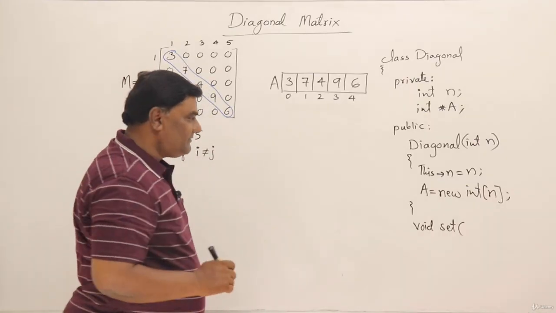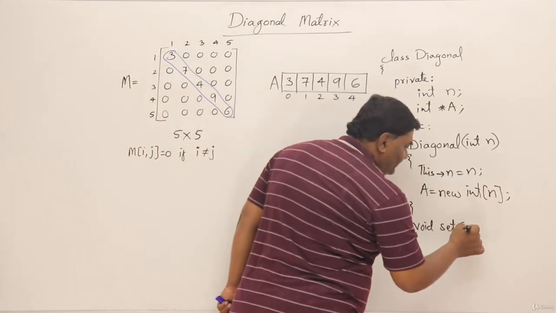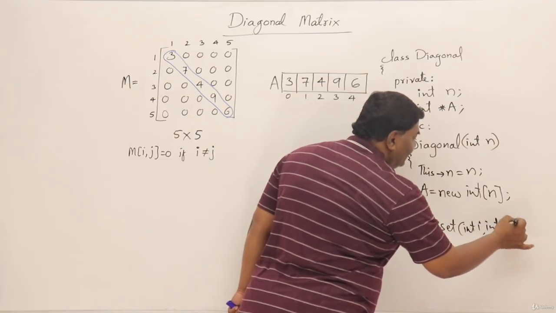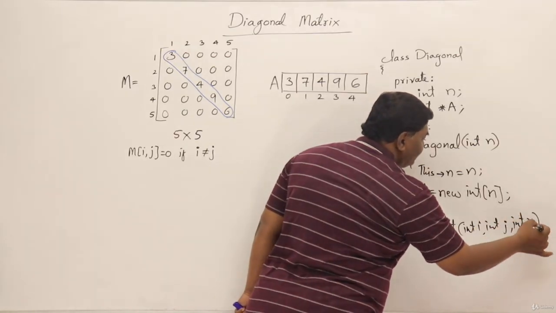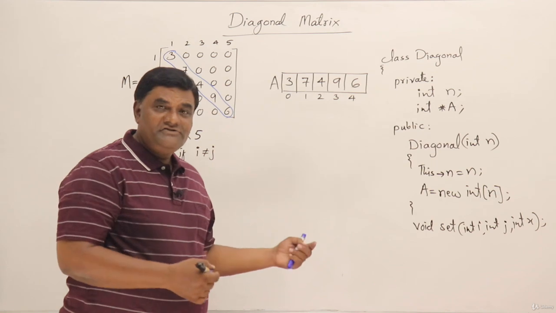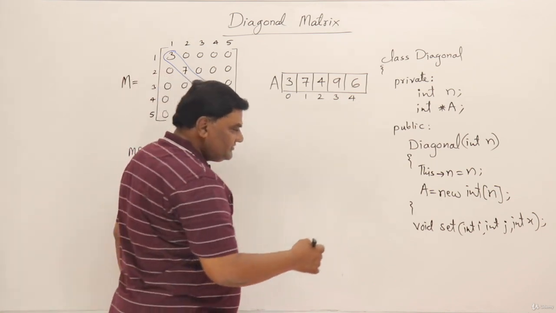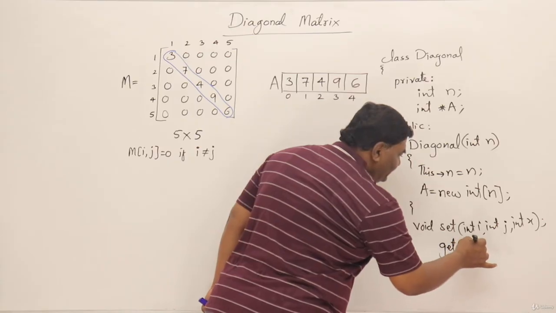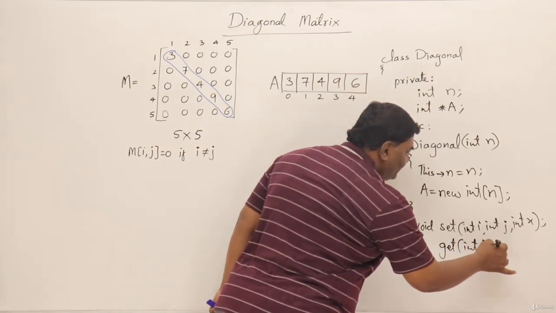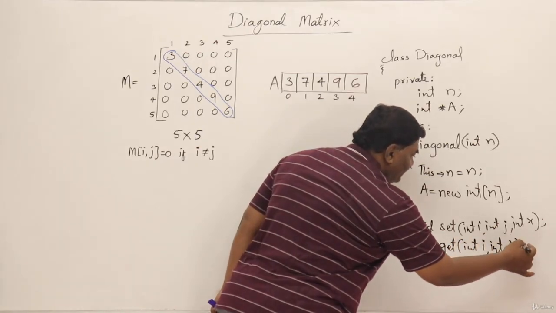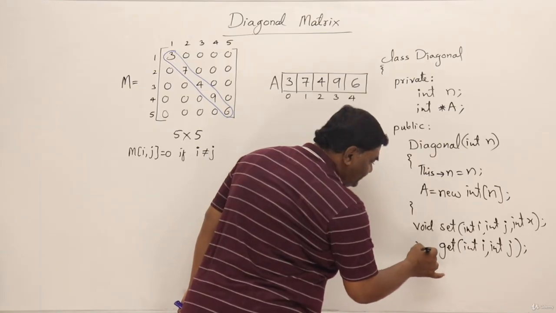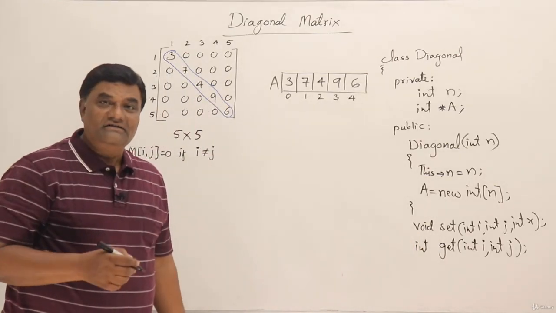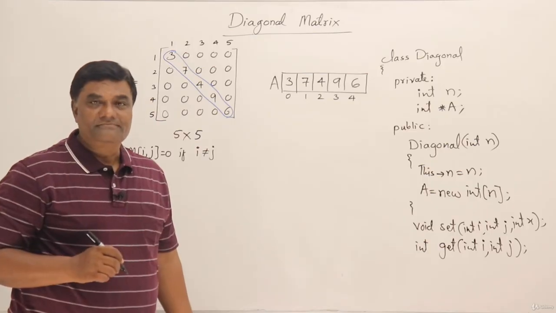So it needs three parameters: at which row and at which column, what is the element that you want to store? X. Then we need a function for retrieving the data. Let us call it get. It also needs the row number and column number from which you want to retrieve the data. And the return type should be integer because it's going to return the element at that row number and column number.